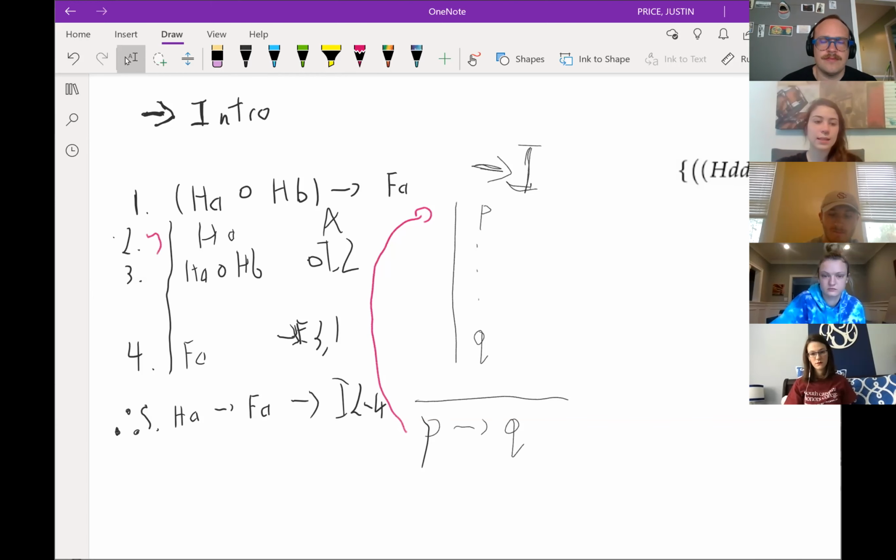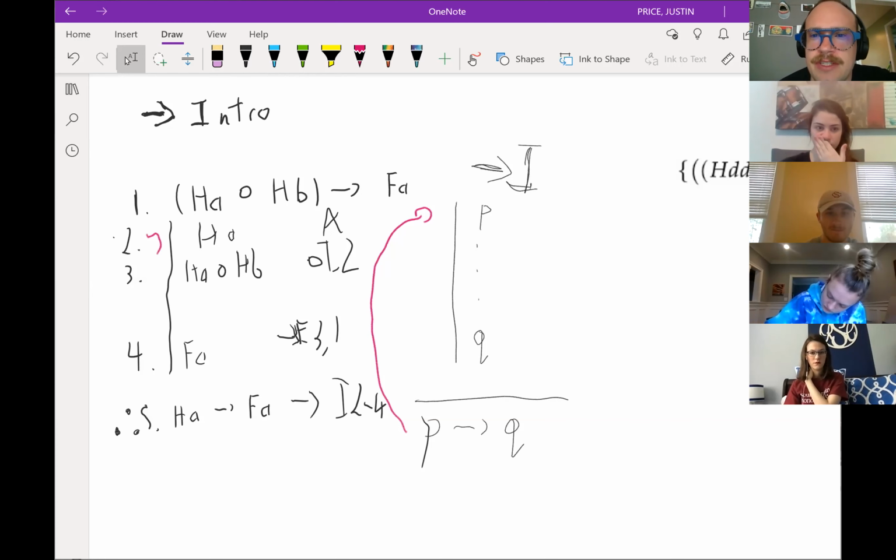Like you don't cite line 5, like the actual introduction, as under the subderivation. Yeah, I guess. Okay. So let me see if I can figure out how to do a pointer in this mode.